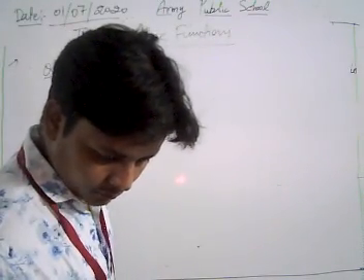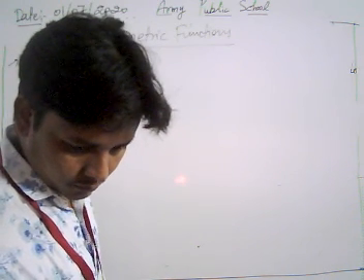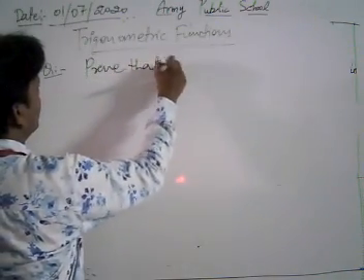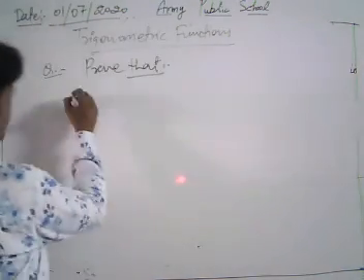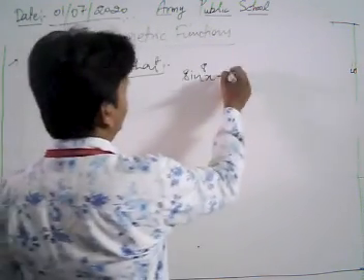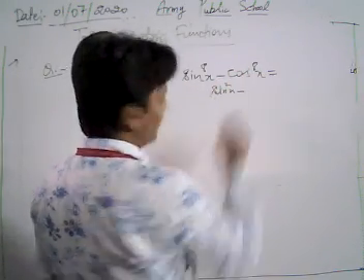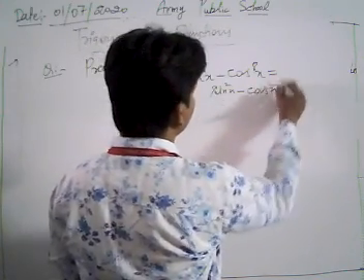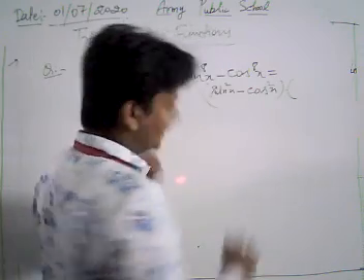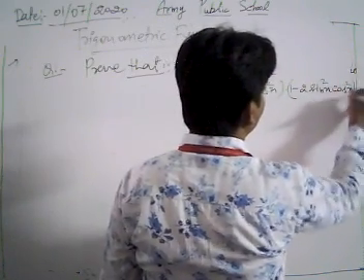We take a question. Prove that sin to the power 8x minus cos to the power 8x is equal to sin square x minus cos square x into 1 minus 2 sin square x into cos square x.